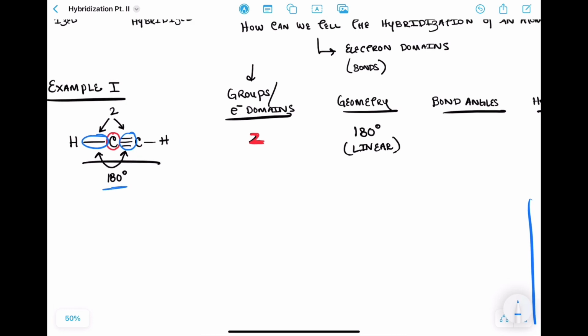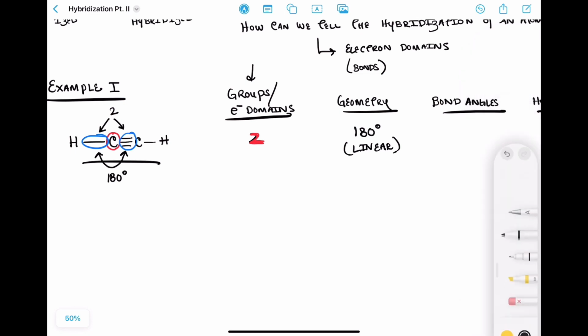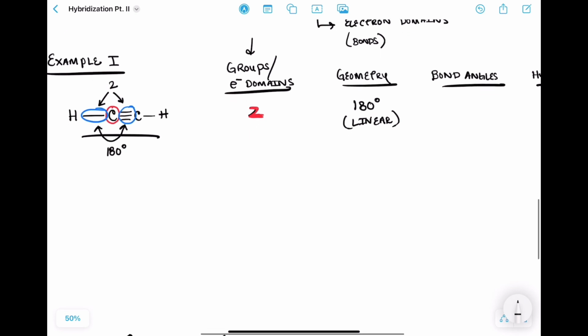Why 180 degrees? Why do we want it to be 180 degrees? Well, we want to minimize the repulsion between things. And so electron density repulses electron density. And so we want these atoms to be as far away from each other as possible. That's why when you see carbon, we don't draw CH4 like this. Why?